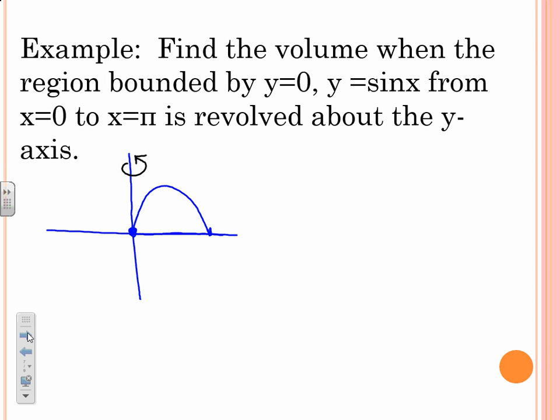Like an angel food cake is like a bundt cake, except the bundt cake is round instead of squarish. Is that the one you hide the baby in and you're supposed to cut into it? Not the baby. No. I will show you a picture of a bundt cake when we are finished with our lesson. Okay? But typically we get to use these volumes of revolution in a lab that involves cake, but because of our snow days we don't get to do that.